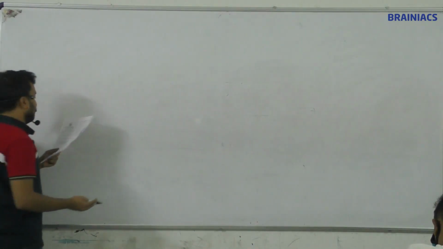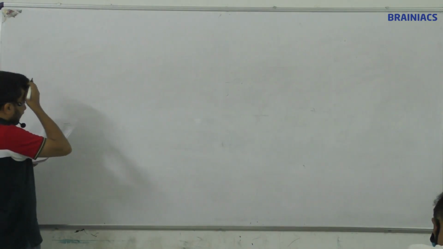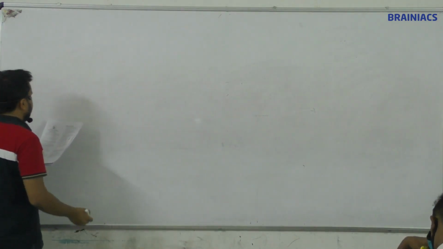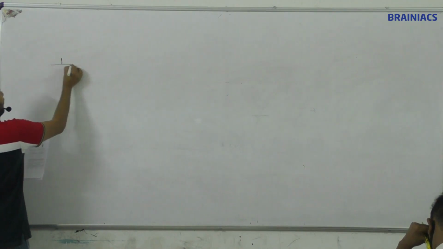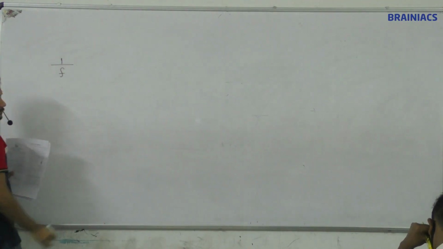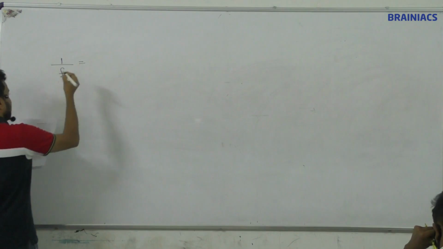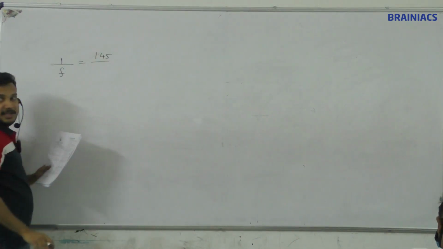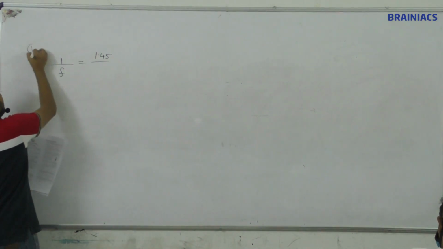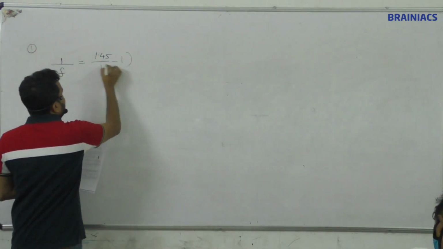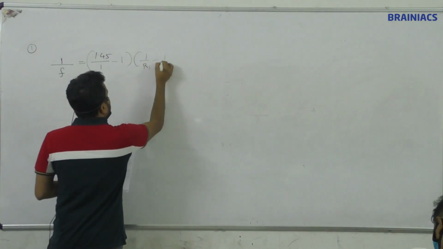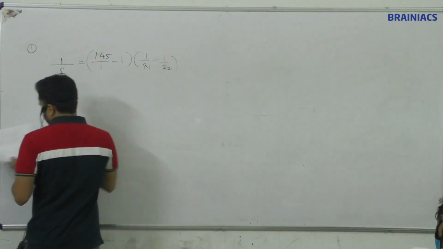So first for the convex lens made of glass which has refractive index 1.45 for violet rays: 1 divided by f is equal to nl divided by nm, where nm is air, minus 1 into 1 by r1 minus 1 by r2.